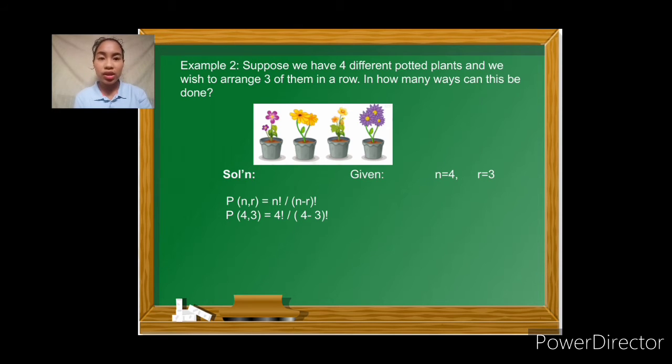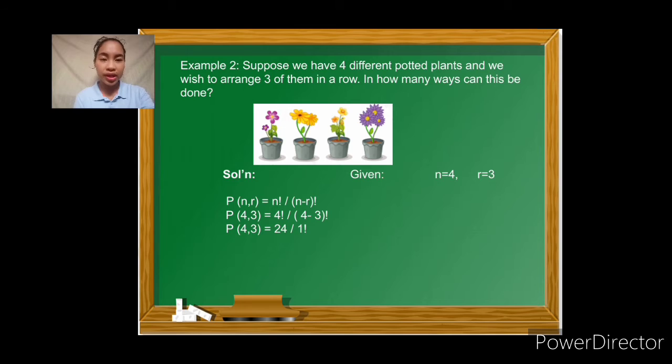Substitute all the givens to the formula. So we have permutation where the value of our n is 4 and the value of our r is 3. So permutation of 4 objects taken 3 at a time is equal to 4 factorial over 4 minus 3 factorial. 4 factorial is 4 times 3 times 2 times 1, which is 24, over 4 minus 3 is 1.